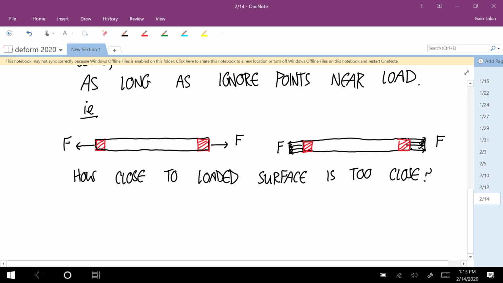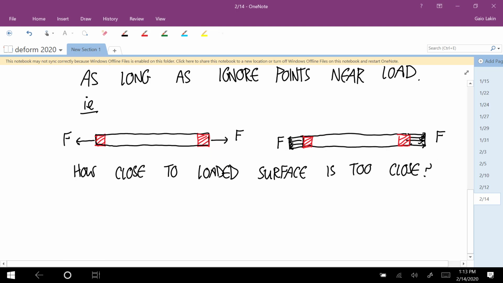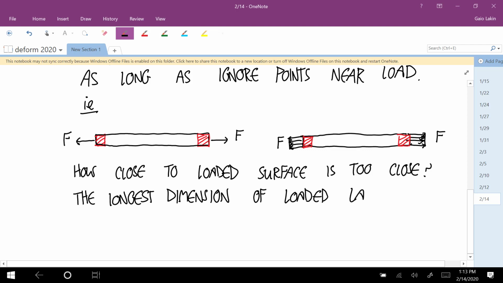But the generally accepted answer is to think of the longest dimension of the loaded face, and move that far away from the loaded surface, and then all your stress calculations will be good.